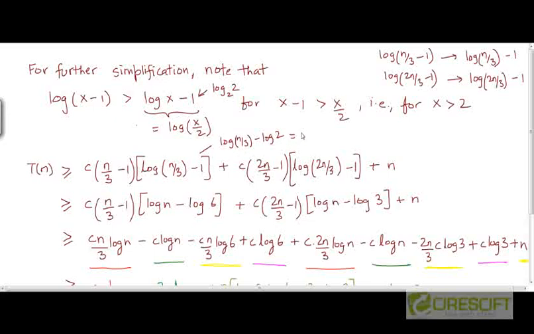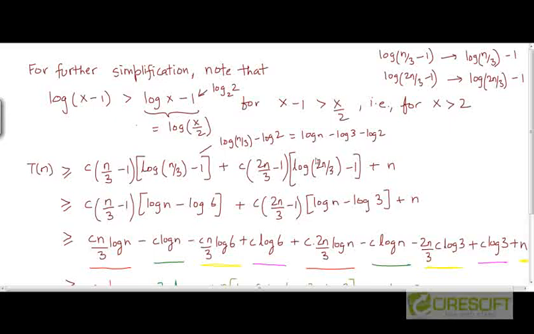This in turn can be written as log of n minus log of 3 minus log of 2. We can combine log of 3 and log of 2 here to get log of 6. So this will be log of n minus log of 6.